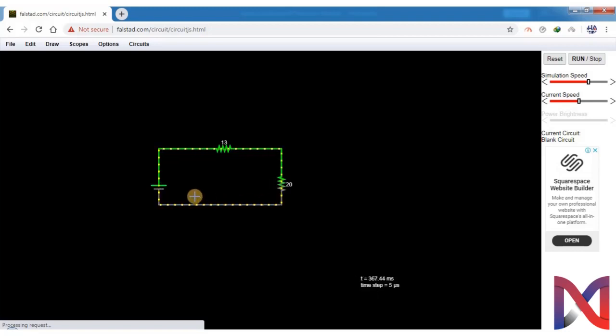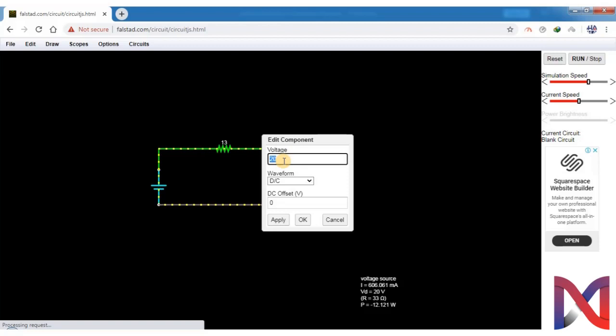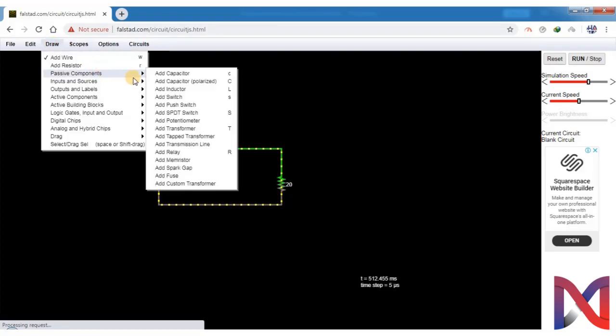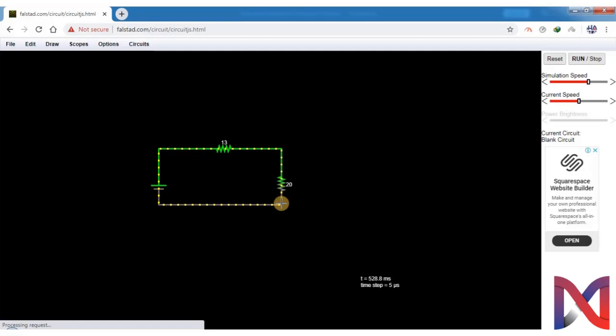Now understand this circuit. This is our Thevenin voltage, whose value is 66.66 volts. It's 13 ohm R Thevenin and this is load resistance which has a value of 20 ohm. We will add the ground for getting the perfect readings.